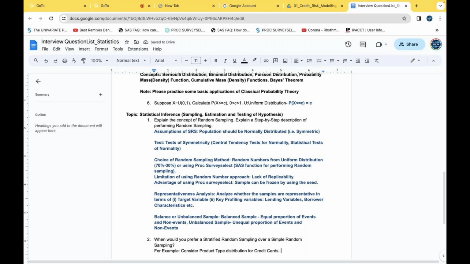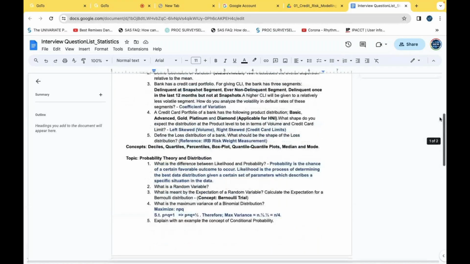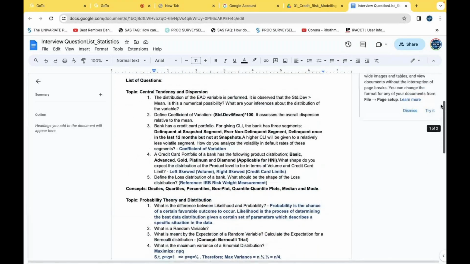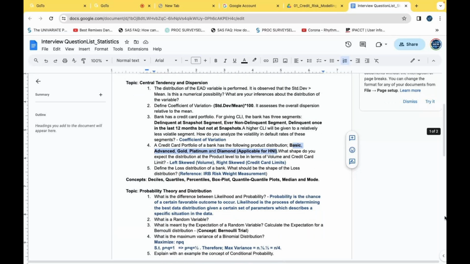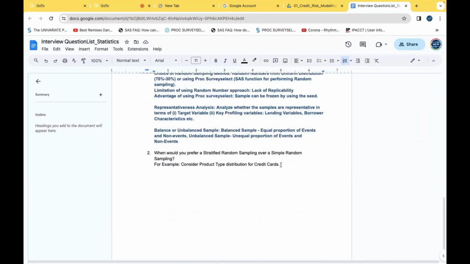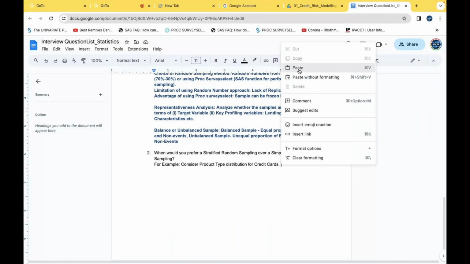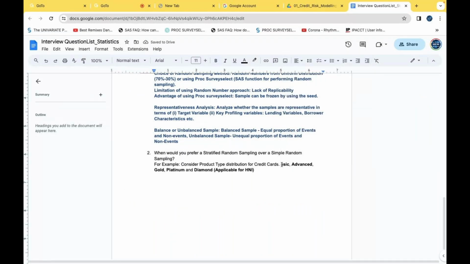Let's say there are different credit card products like we had discussed last week, the product level distribution for credit cards.